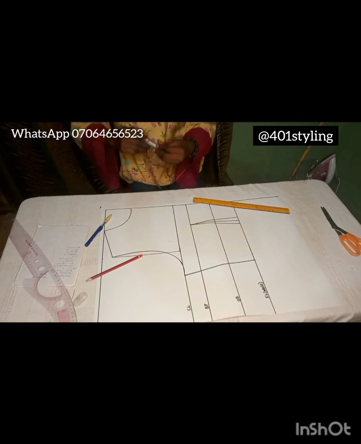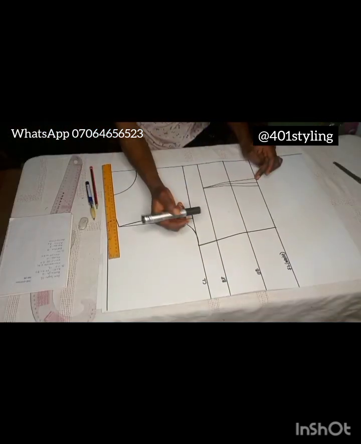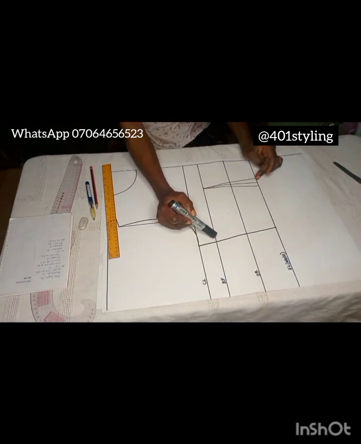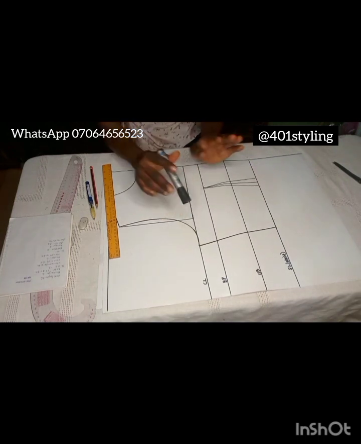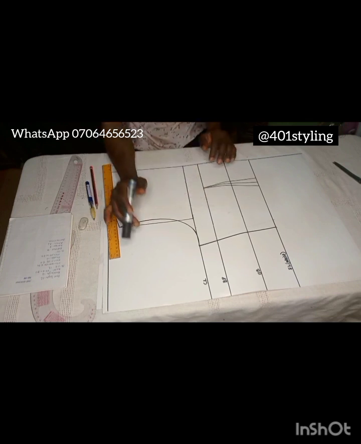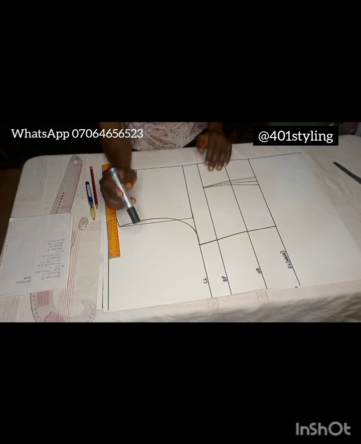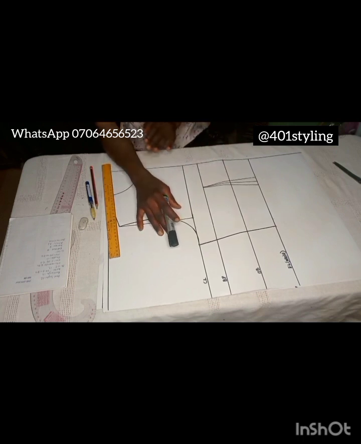So guys, after the waist dart, there are other darts called bust darts. Apart from helping you get a fitting around the bust area, the bust dart also helps to eliminate the difference between the front and the back length, because obviously if you draft your pattern and leave it like so, one will be longer than the other.